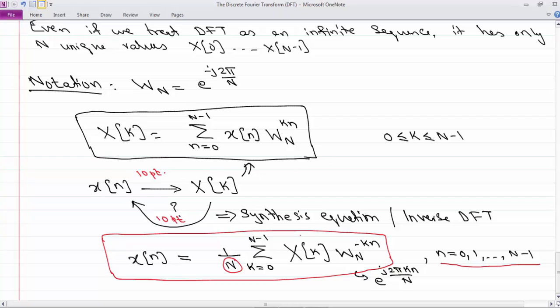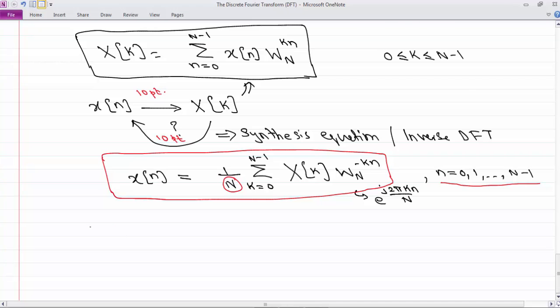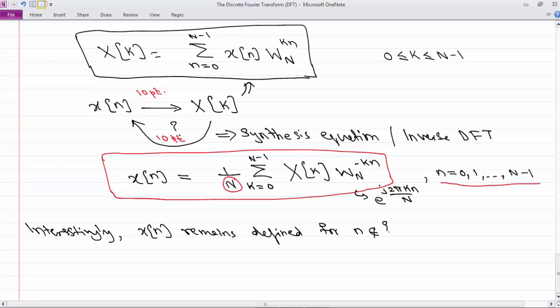And what you will get back, just like the previous case, is a periodic sequence. Now, why does that periodicity come back is not something that we will go into, but I just want to mention that, interestingly, x[n] remains defined for n not in 0 up to N minus 1.